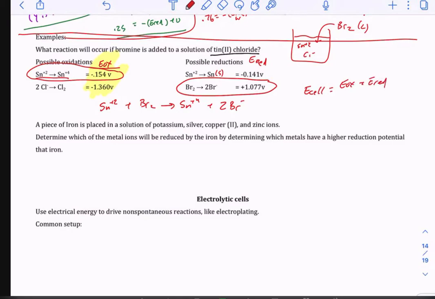E ox is going to be negative 0.154. E red is 1.077, so we net out with a positive value. So the voltage here is positive 0.923. So it's spontaneous, it will happen. Okay.